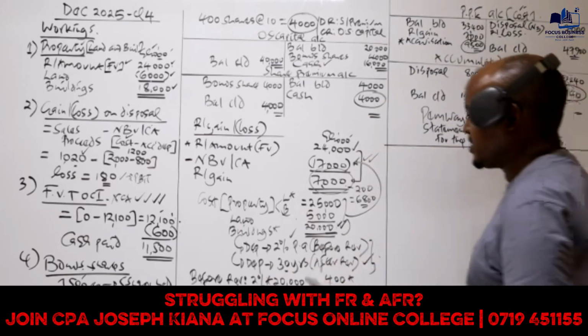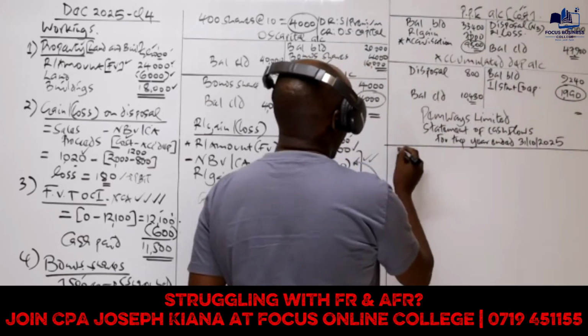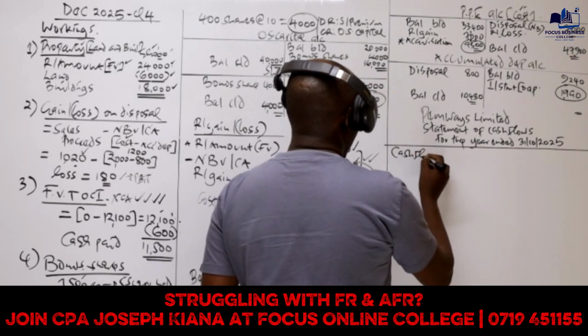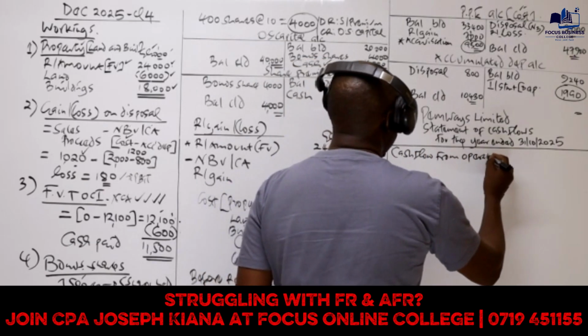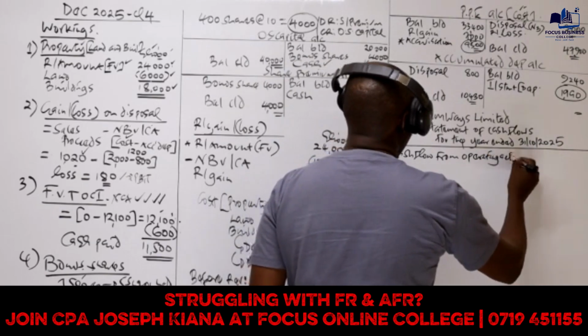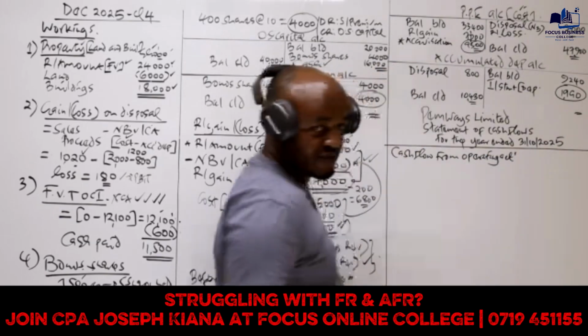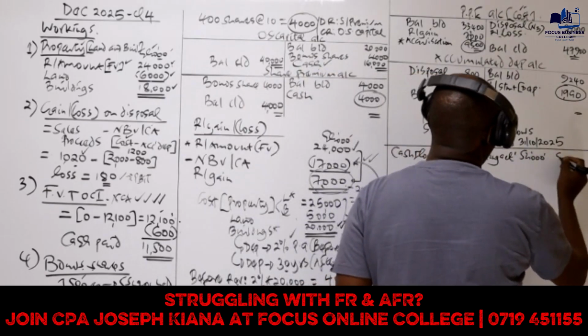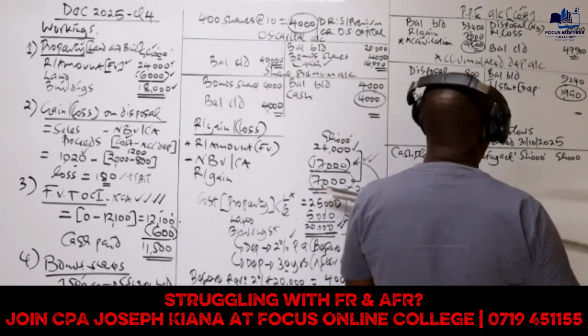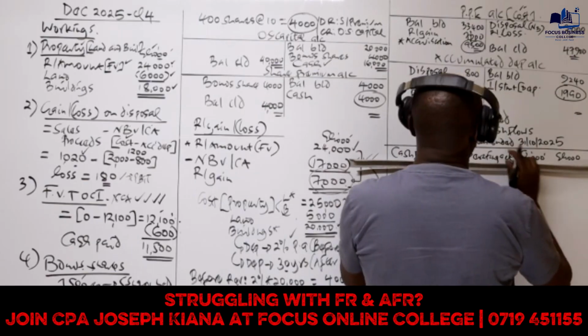Remember we said we start by determining the cash flows from operating activities. We need to have two columns here, and our figures are in thousands of shillings.